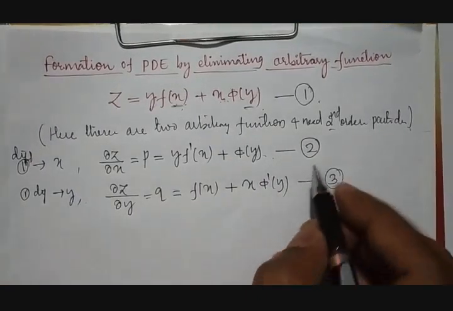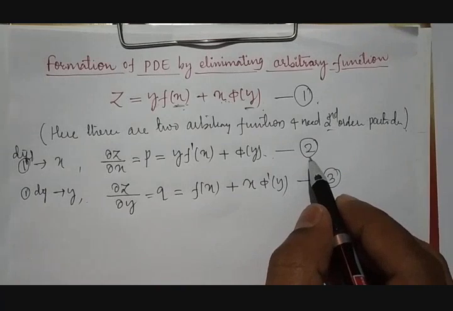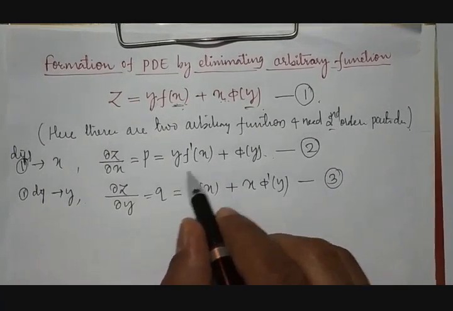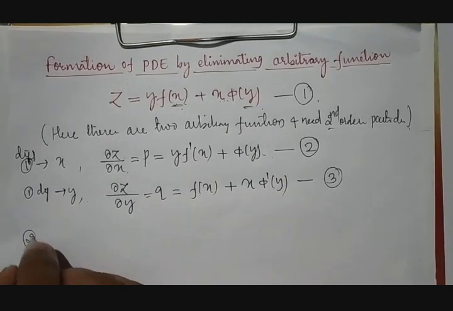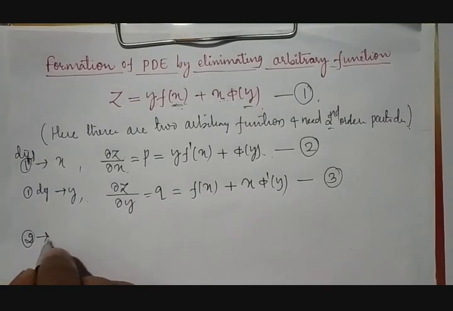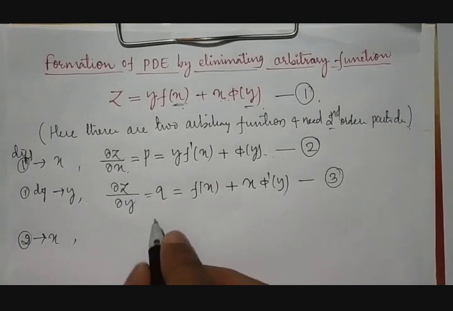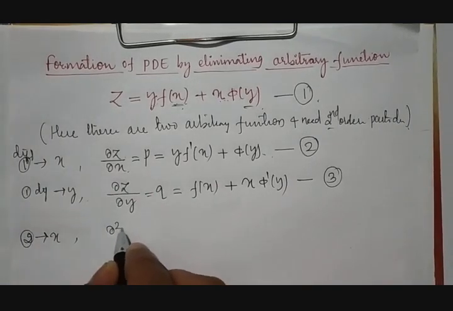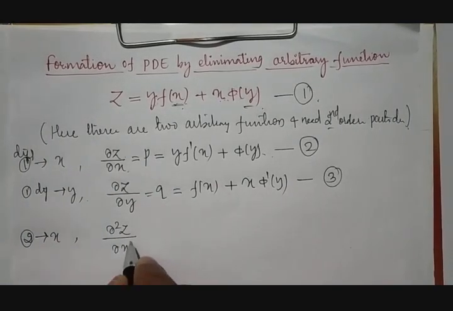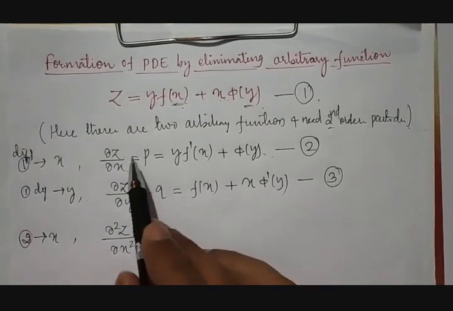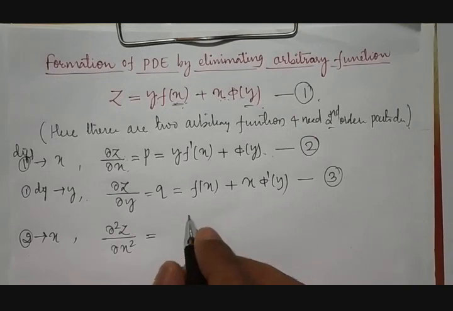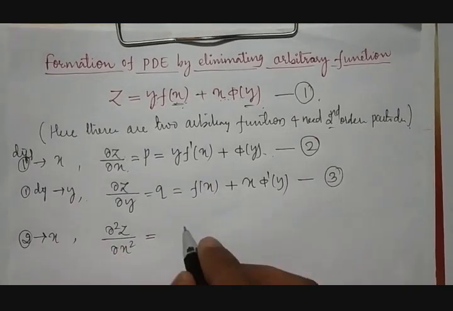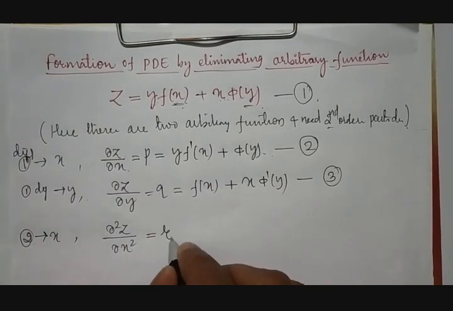Okay, then to get second order with respect to x, already first order with respect to x is available. So I'll differentiate equation number 2 with respect to x. Then it becomes dou square z by dou x square is equal to, differentiating this once again with respect to x, and for this the notation we have chosen in the beginning is r.